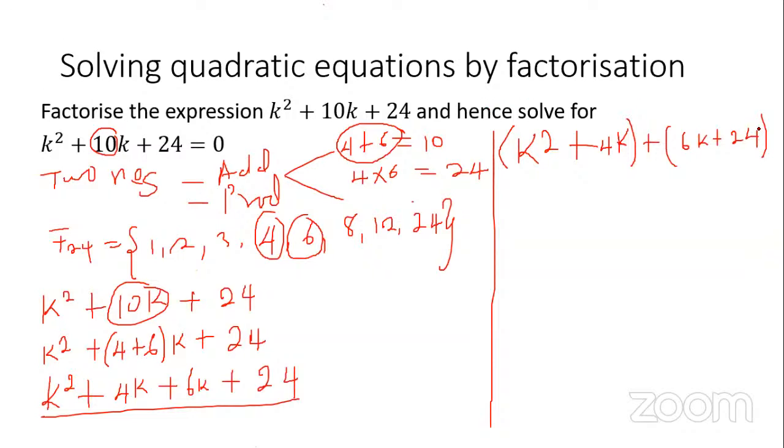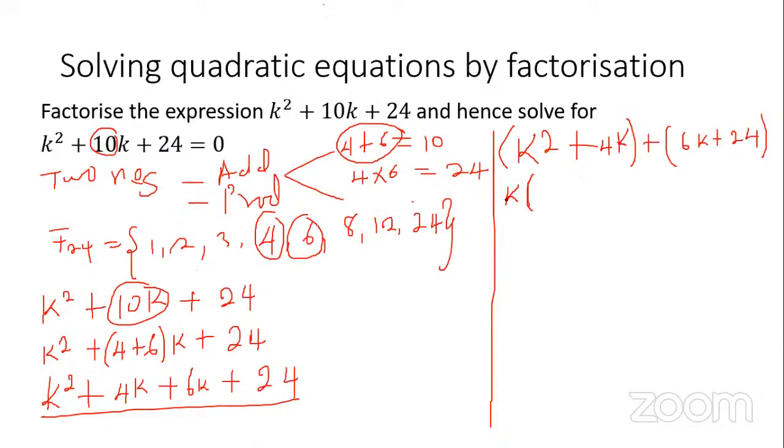Yes. So a common factor is a number that divides k squared and 4k. We're saying that is k. When we identify a common factor, we pull it outside the bracket.